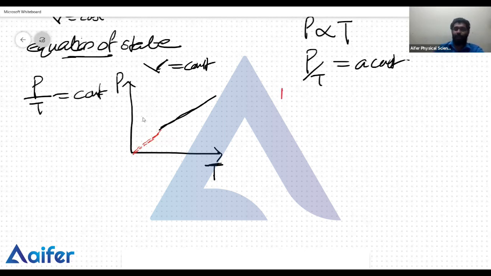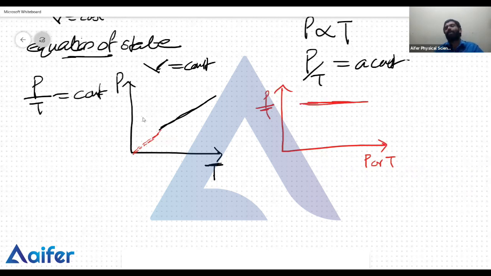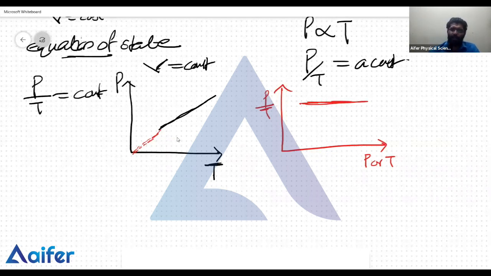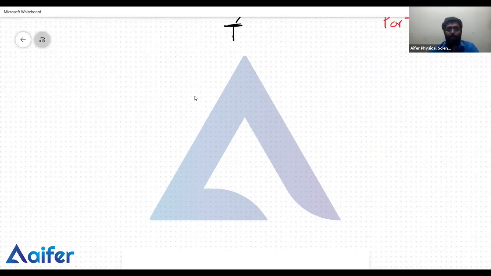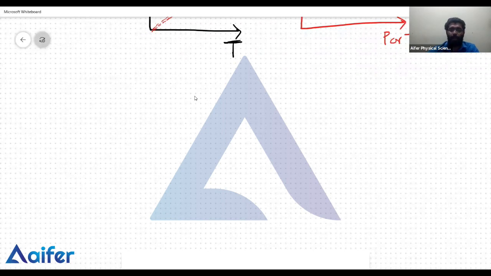And if you plot P by T against P or T, no problem, because P by T is a constant, that will definitely be a straight line. So that is all about our equation of state. I think you are very familiar with these laws. For JAM students, these questions come directly, and you can easily answer.